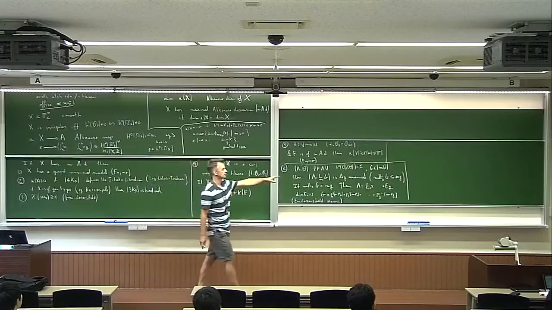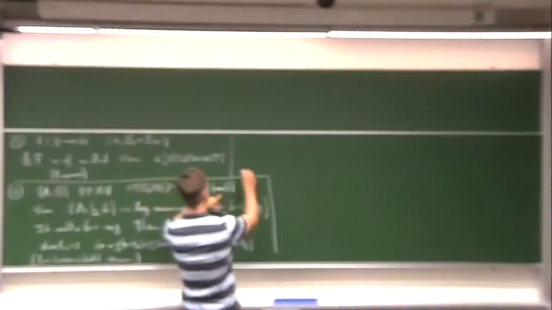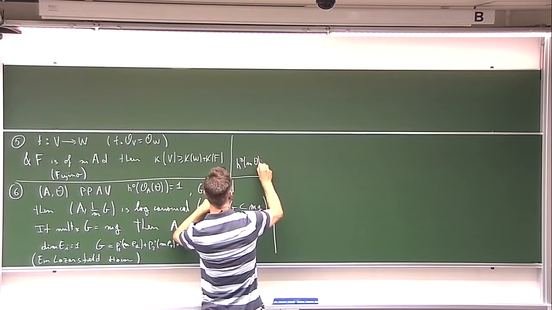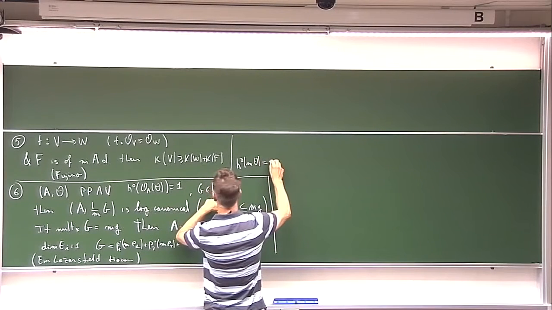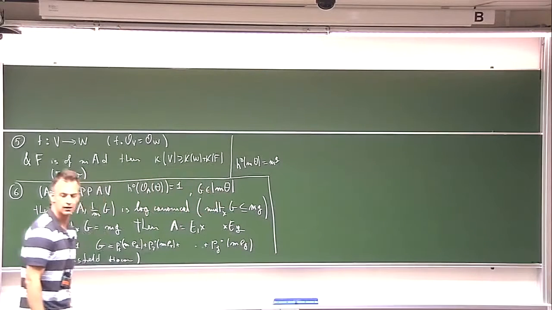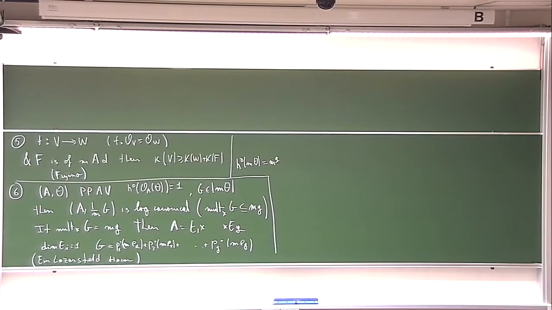No. So this linear series here has lots of degrees of freedom, right? So H0 of O_A(m theta), what is it? I think it's just m to the g. A general member will be smooth, right? Because 3 theta is very ample already. But then any member, yes. So again, I repeat the question. So you could pick m theta if you want. That's right.